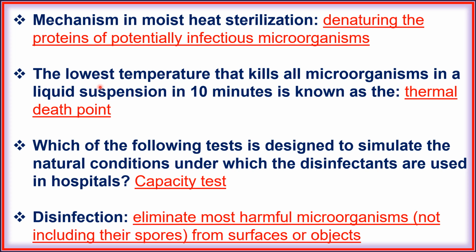Next, the lowest temperature that kills all microorganisms in a liquid suspension in 10 minutes is known as thermal death point. Next, which of the following tests is designed to simulate the natural conditions under which disinfectants are used in hospitals? That is the capacity test.